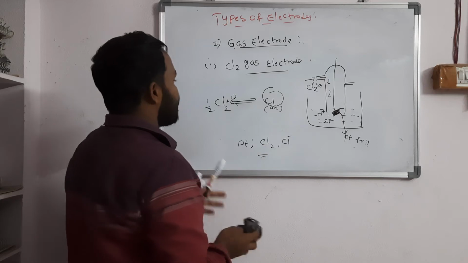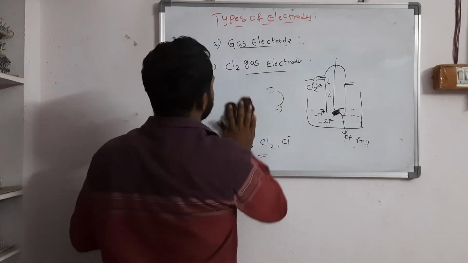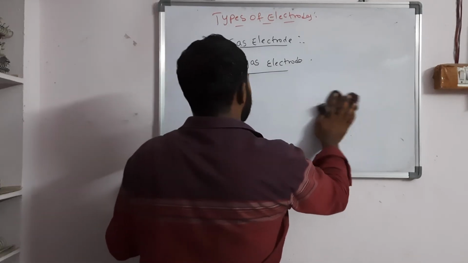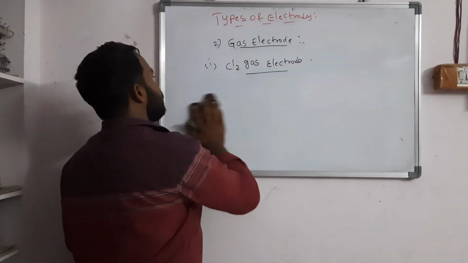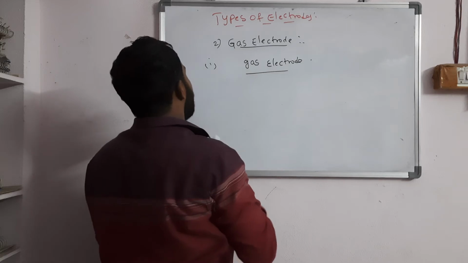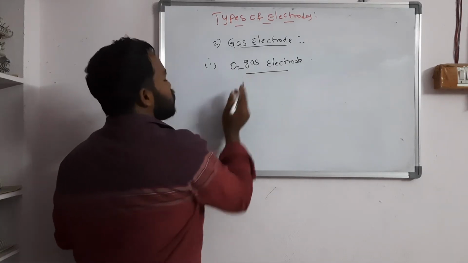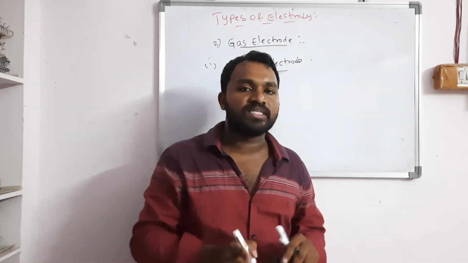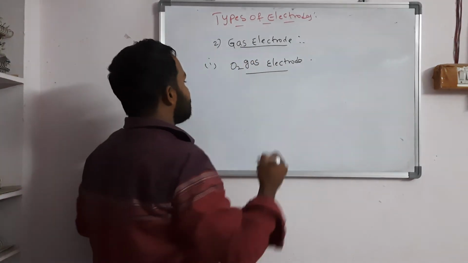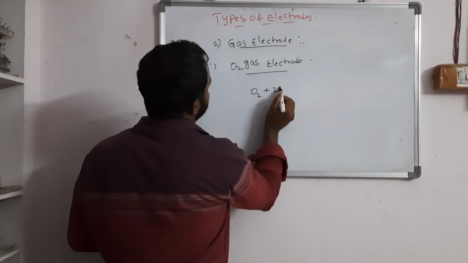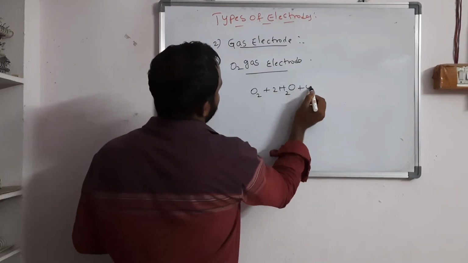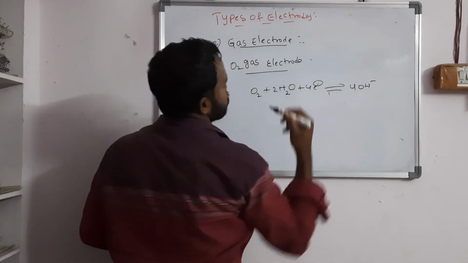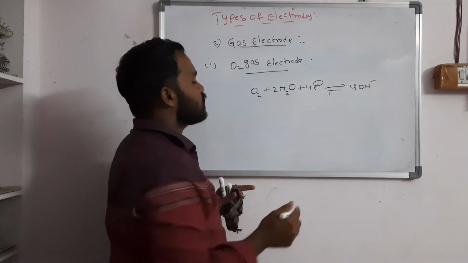Next is the oxygen gas electrode. Chlorine gas is a reversible electrode, whereas the oxygen gas electrode does not behave as a true electrode. In this, oxygen gas is bubbled through the hydroxyl solution.